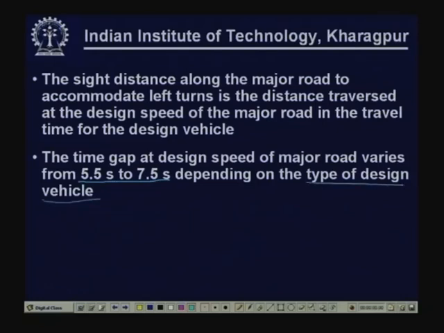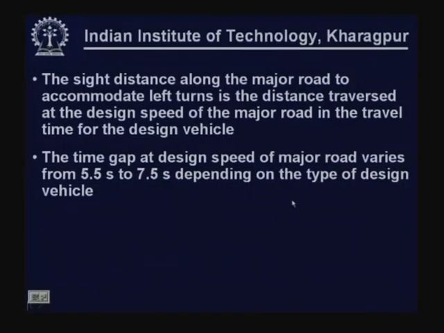So, for passenger cars it is 5.5 seconds; for heavier vehicles, commercial vehicles, if they are taken as design vehicles, then the required time is higher and it may go up to 7.5 seconds. So, whatever is the distance covered along the major road, if major road speed is V major, then 0.278 times V major times this appropriate time, 5.5 to 7.5 depending on the design vehicle, that will give us the required length.